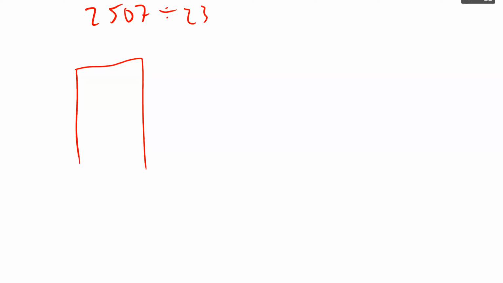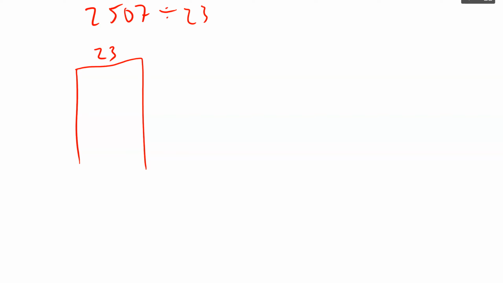I know one side is 23, but I don't know the other side length. I do know that the inside, or the area, the total amount, is 2,507, but I don't know the other side length. And so that's what I'm trying to find out in order to have this work. So it works like fact families, multiplication and division. They're inverses of one another, and so we're going to see how this works.